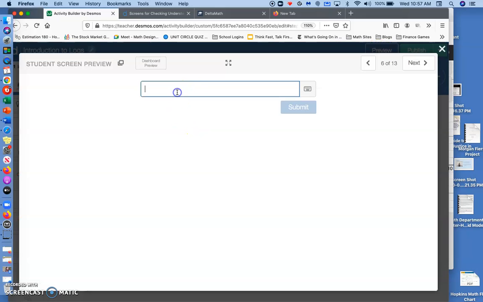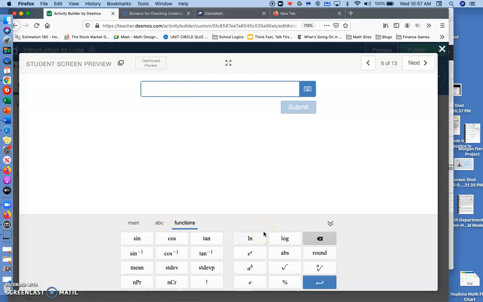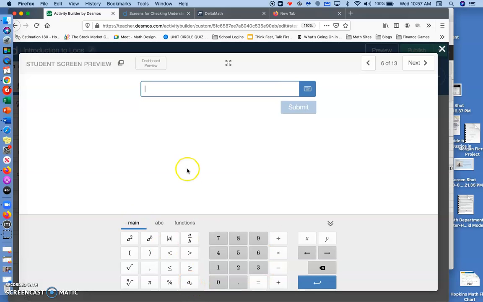To get your log key, you hit the keyboard and you can type log, and you see this base right here, A sub B of 5, and then arrow over. So this is log base 5 of 7. Under Functions on this, they don't have the base, so you have to use that A sub B. If you had log base X of 8, make sure you arrow out of the base for the 8 there. So that's log base X of 8.